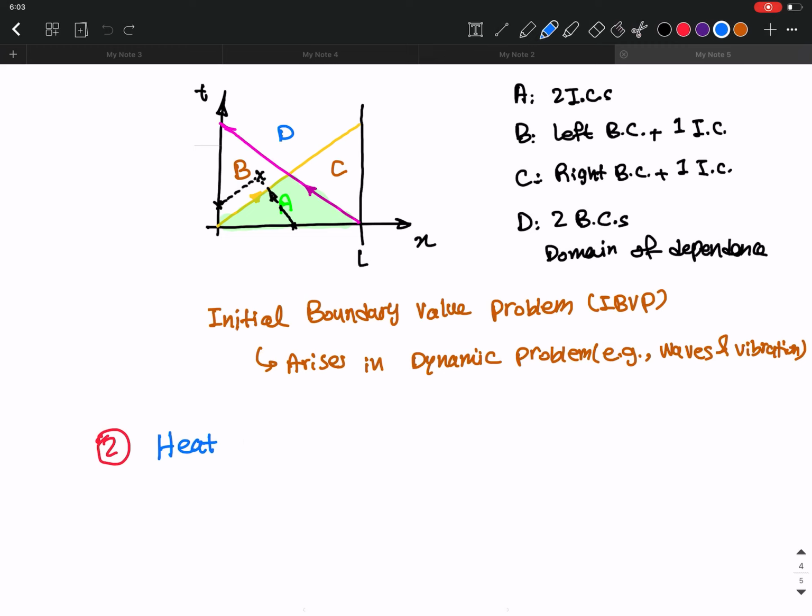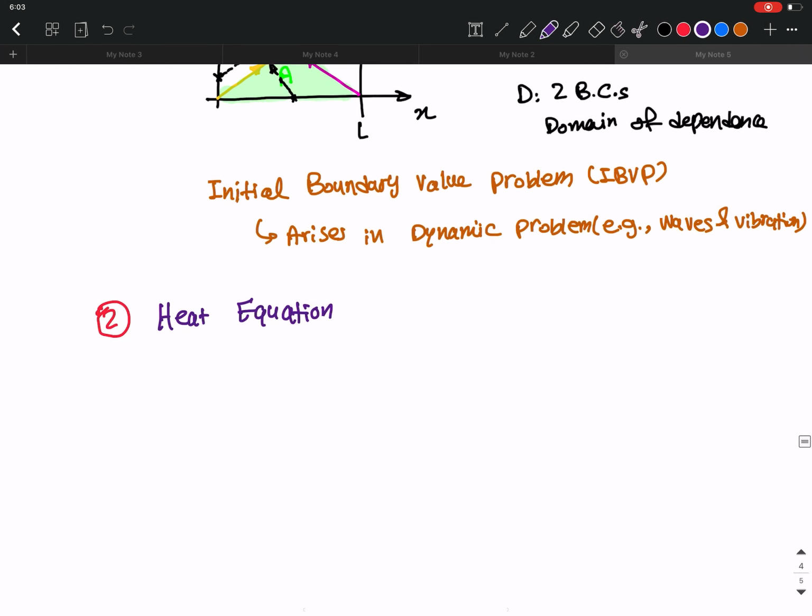Let me write it with the same color. Heat equation. So let's see what it is.